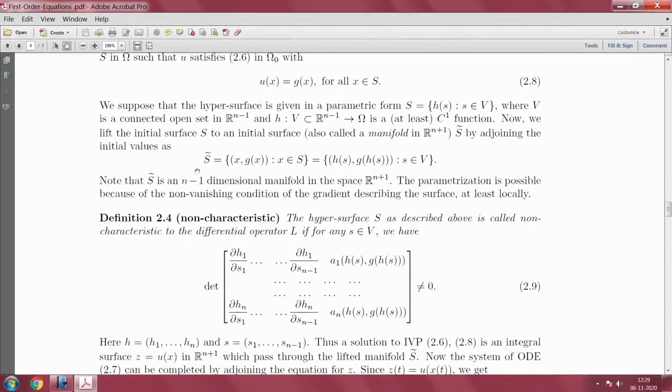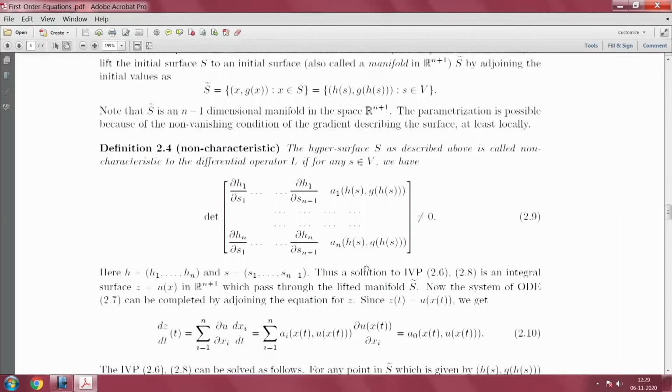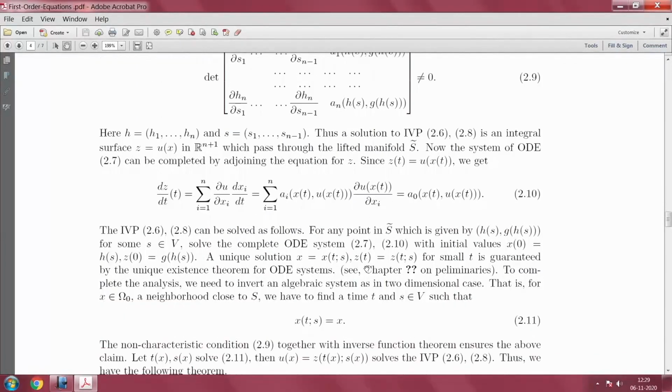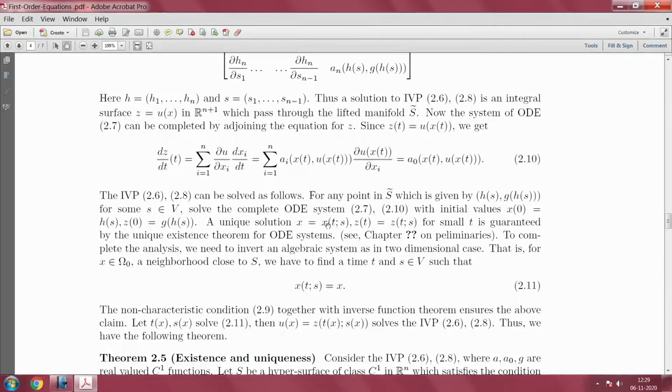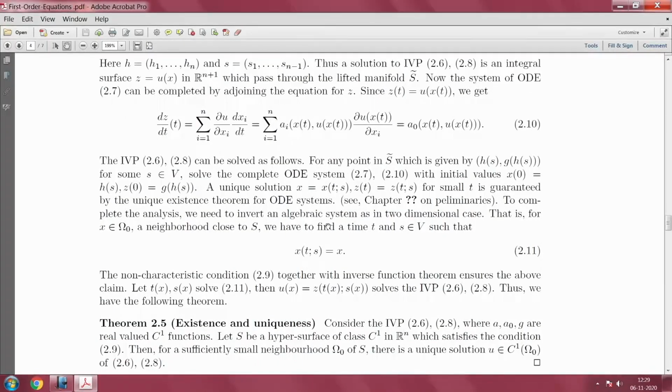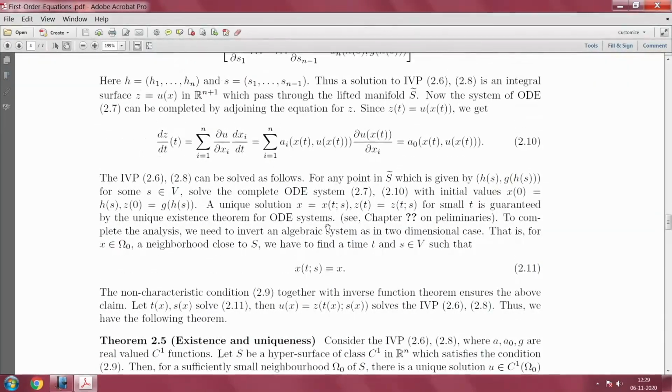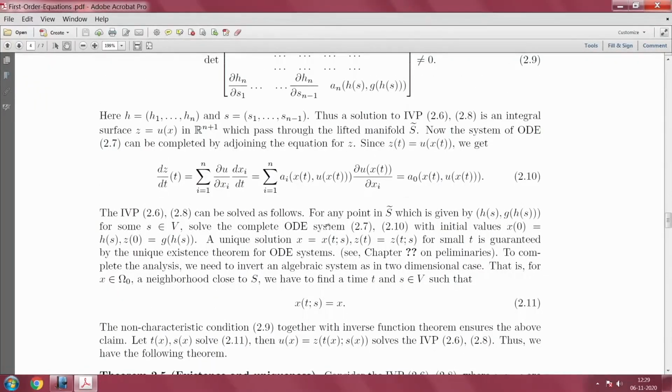But in any case S tilde is obtained from S by lifting, and you get again this non-characteristic condition, and again the same procedure: you solve a system of ODEs and again apply the implicit function theorem to get back the solution. Okay. It's exactly similar to the two variable case.